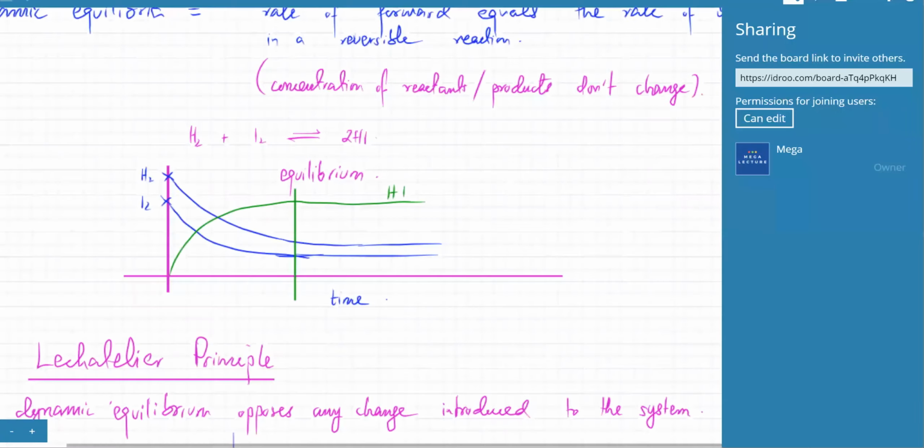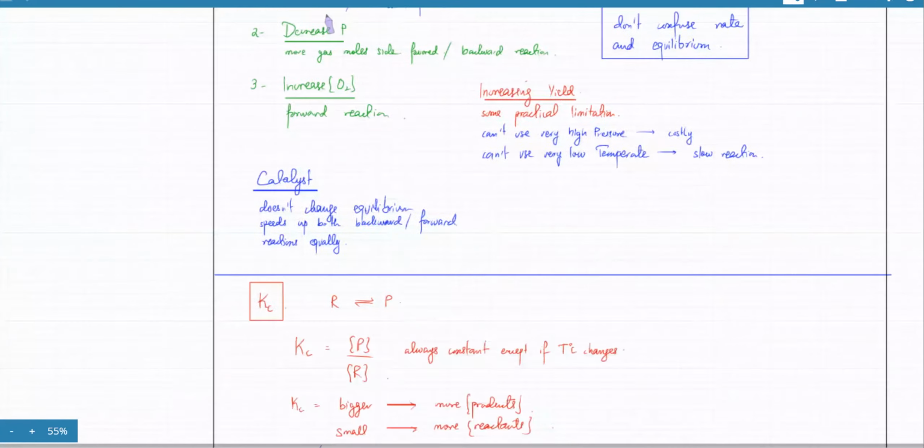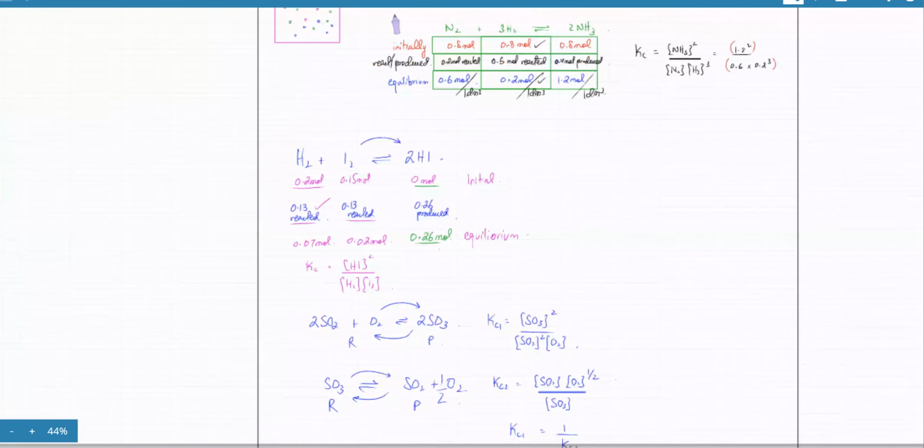Okay, just 1 second. So we can do reaction kinetics, which is a very small chapter.